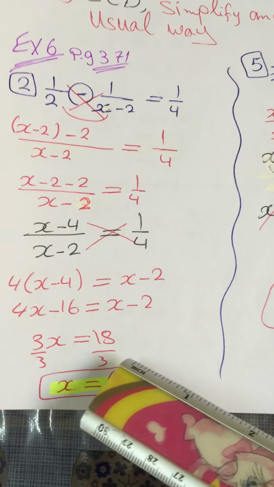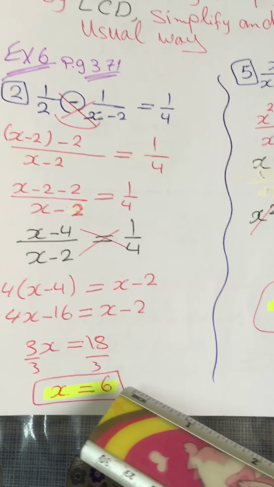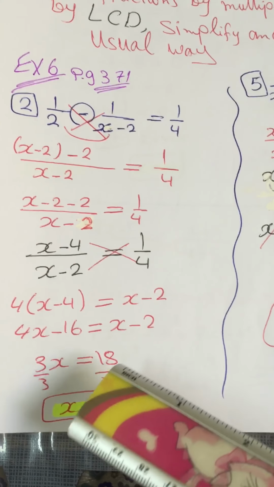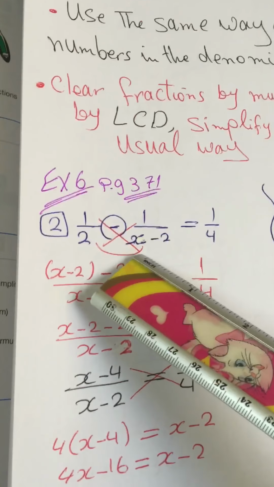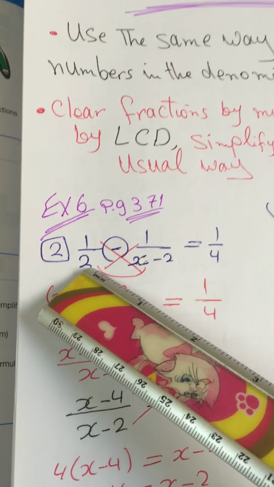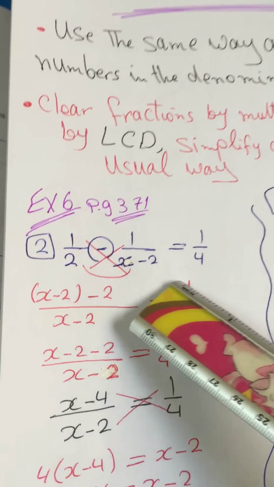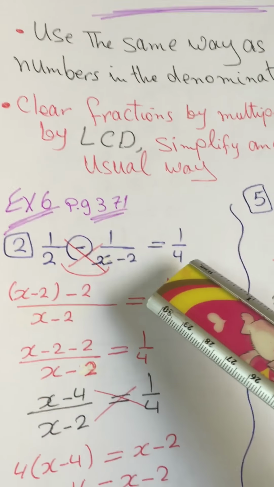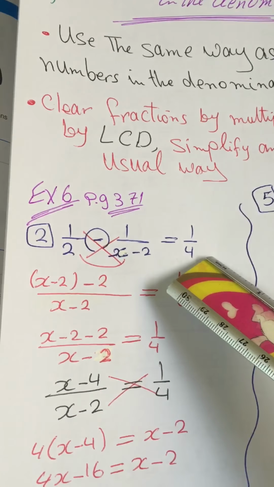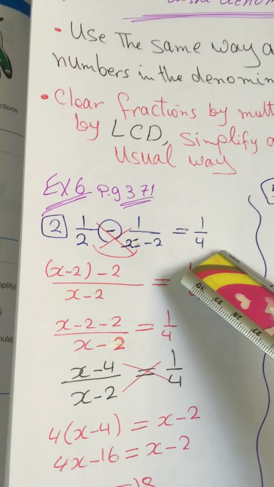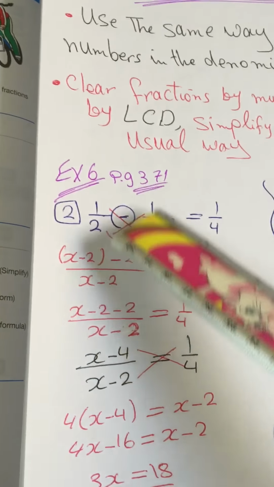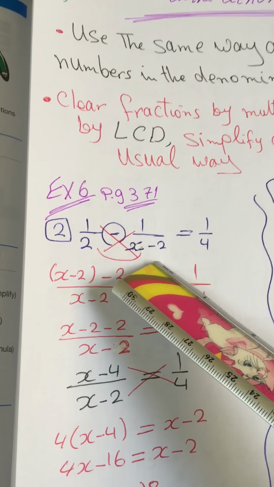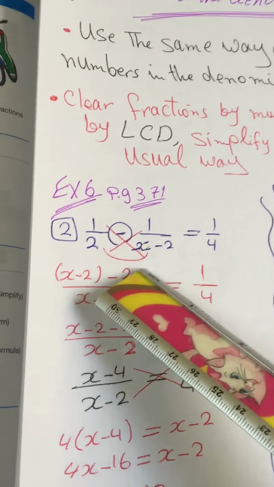So 3x equal 18, x equal 6. It's up to you. You can clear the denominator by taking the brackets x minus 2 and multiplying it here and on the opposite side. But as for me, I prefer to make this cross. It will be easier.